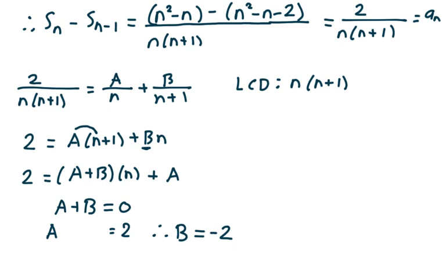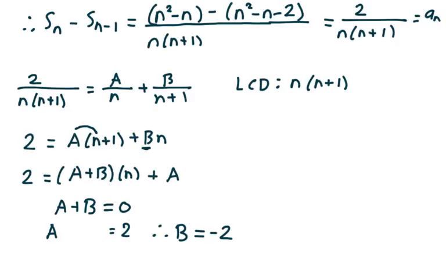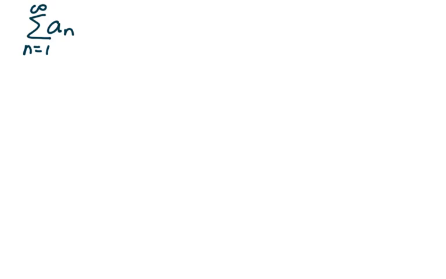Okay. So now, I want the summation, so we can't lose sight of this. I want the summation from n equal 1 to infinity of an. So the hard part was figuring out this guy, right? Once we figure out this guy, we can figure out that guy. Okay? So it's a telescoping sum.